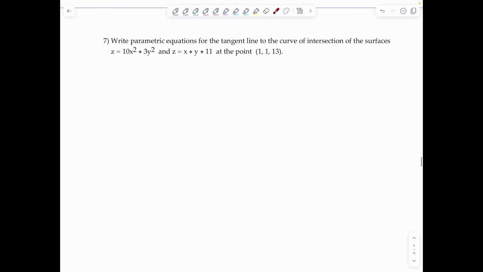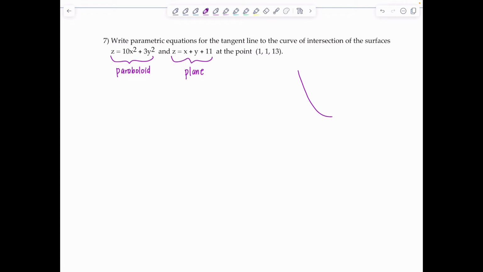Next question. Write parametric equations for the tangent line to the curve of intersection of the surfaces z equals 10x squared plus 3y squared and z equals x plus y plus 11 at the point (1, 1, 13). Okay, we know this is a paraboloid and this is a plane, and they're intersecting.